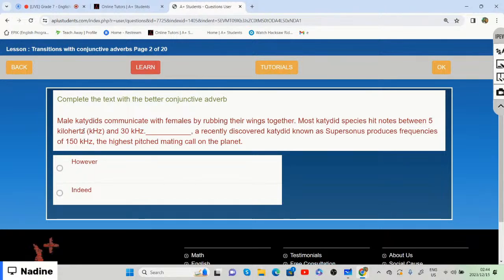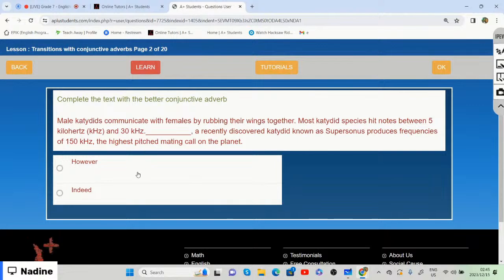Male katydids communicate with females by rubbing their wings together. Most katydid species hit notes between 5 kilohertz and 30 kilohertz.